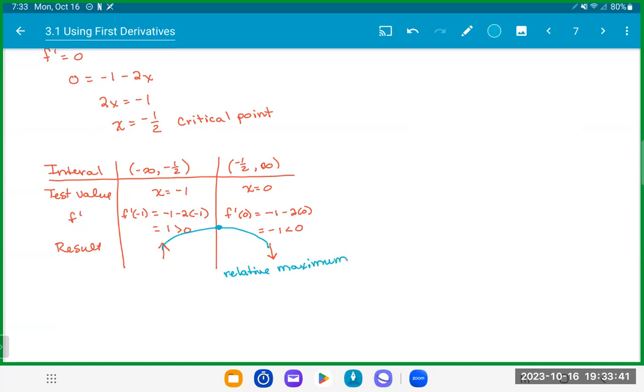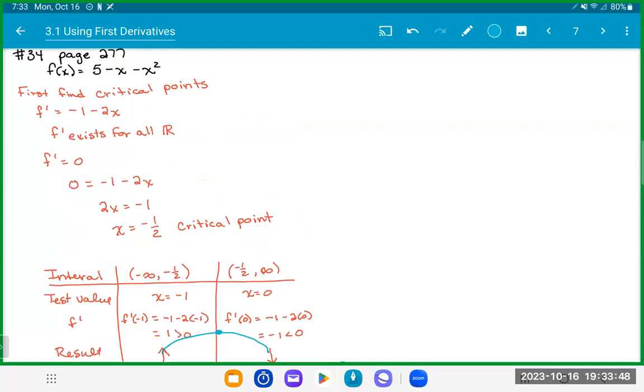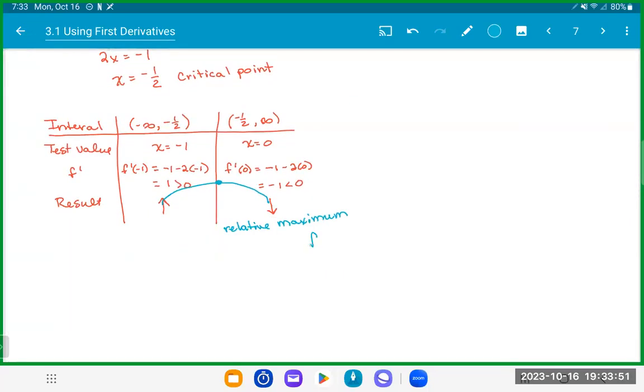Okay. So again, I can evaluate my original function at this critical point. We're going to evaluate our original function at this -1/2. So that is 5 minus -1/2 minus (-1/2) squared. So this gives me 5 plus 1/2 minus 1/4, which is 21/4.